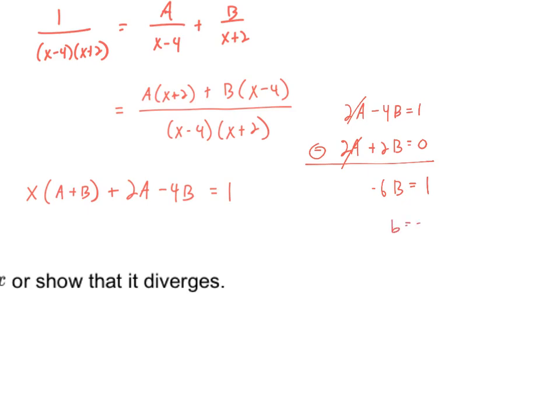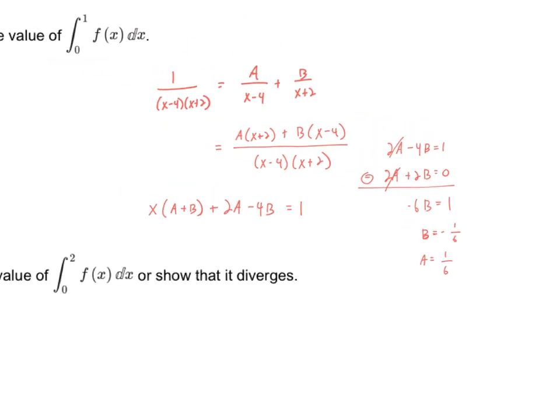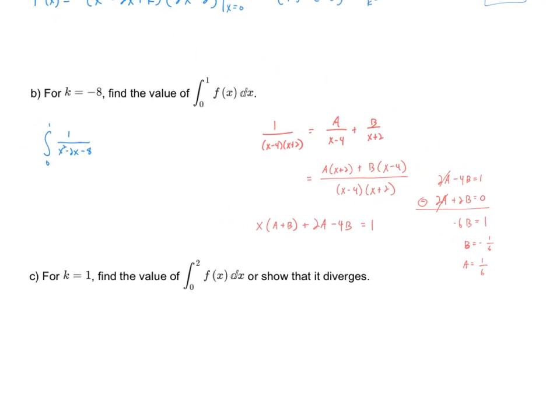That means b is negative 1/6. And if b is negative 1/6, that means a is positive 1/6, because they add up to be 0. So now a is 1/6, and b is negative 1/6.